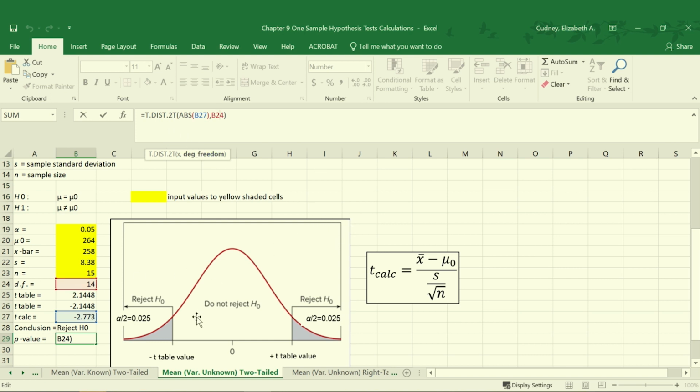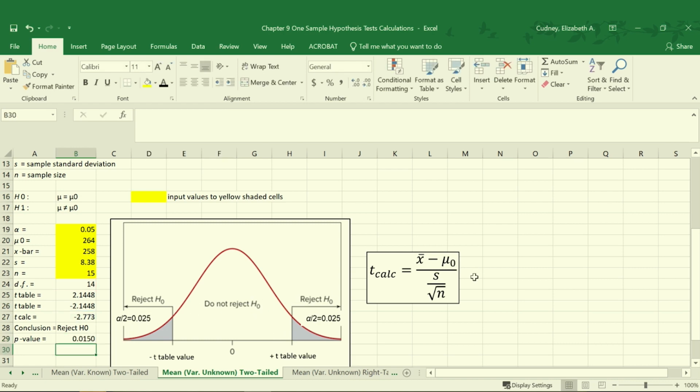We're using the two-tailed since it's a two-tailed test, and that gives us a p-value of 0.0150. This value is considerably less than our alpha value of 0.05, so we're very confident in our conclusion to reject the null hypothesis.